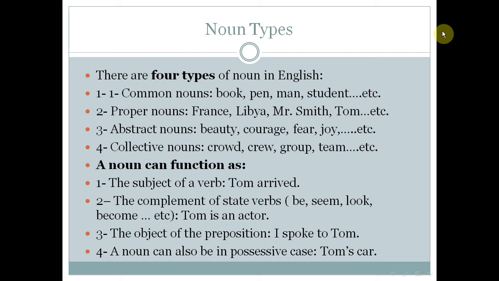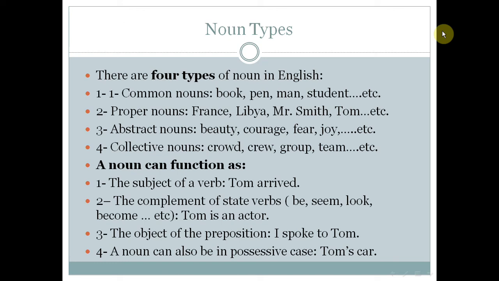Tom is an object. I is the subject, spoke the verb, to the preposition. To Tom is the object of a preposition. So here a noun can function as the subject of a verb. Number 2, the complement of state verbs. Number 3, the object of the preposition.